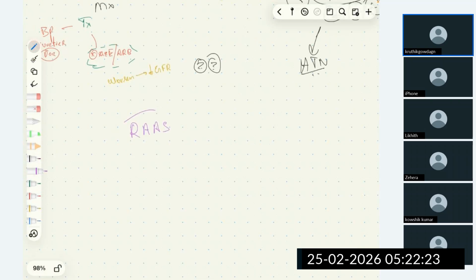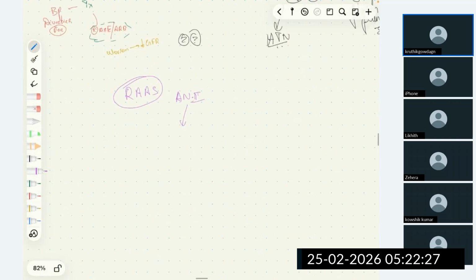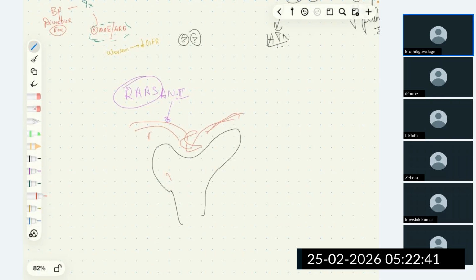When angiotensin 2 is produced, it will go and act on the efferent arteriole.